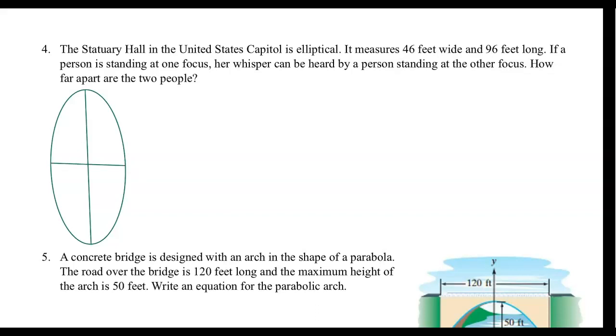We do know that especially since it's going to be 46 feet wide, this distance here is going to have to be 23 feet. That also means that since this distance here is 96 feet, that's how long it is, half of 96 is going to be 48. So this distance here is going to be 48 feet.